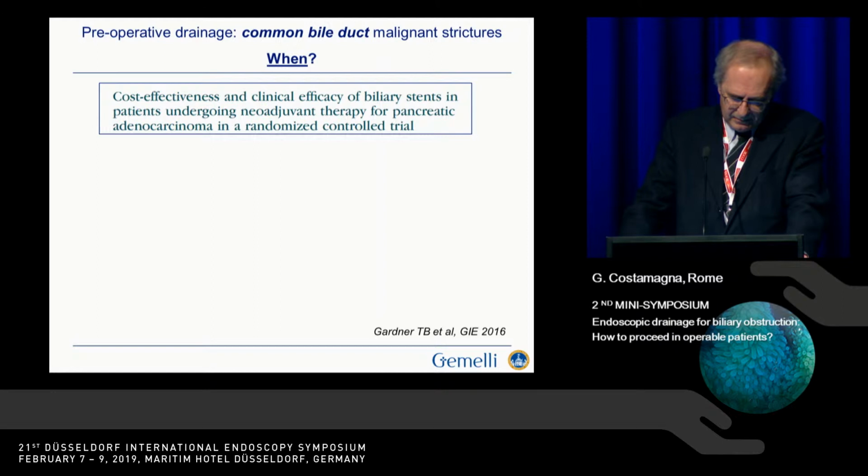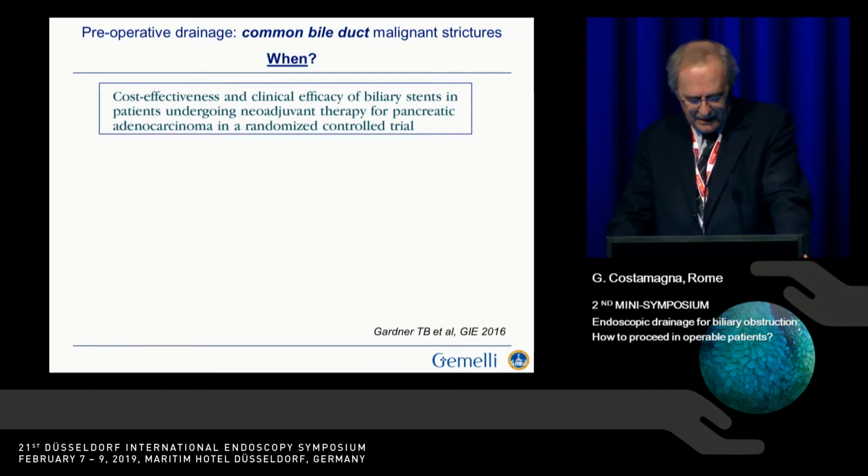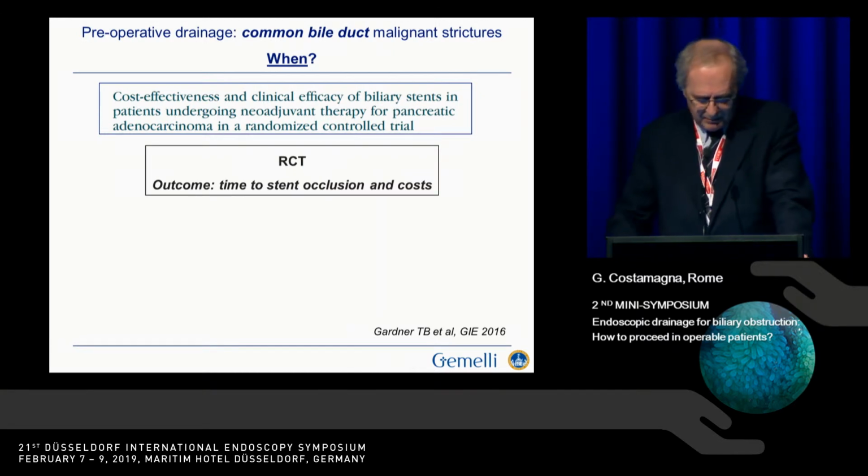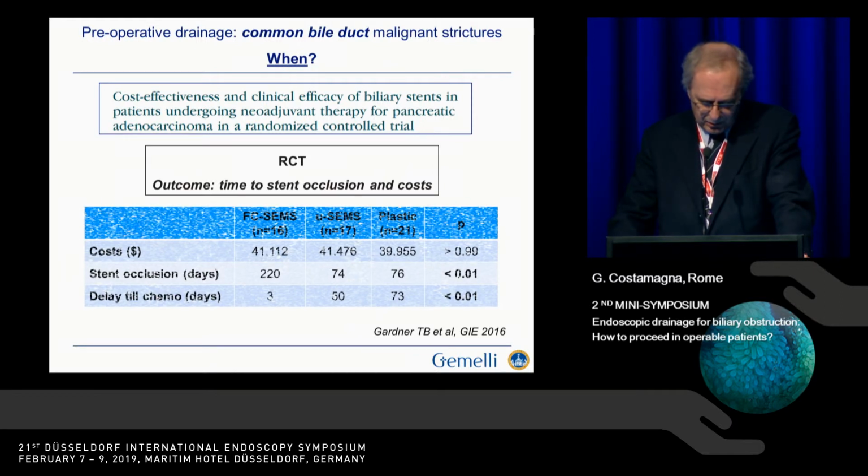Is the placement of stents cost-effective in patients that undergo neoadjuvant therapy in pancreatic adenocarcinoma? There is this randomized control trial that looked at, as an outcome, the time to stent occlusion and costs.